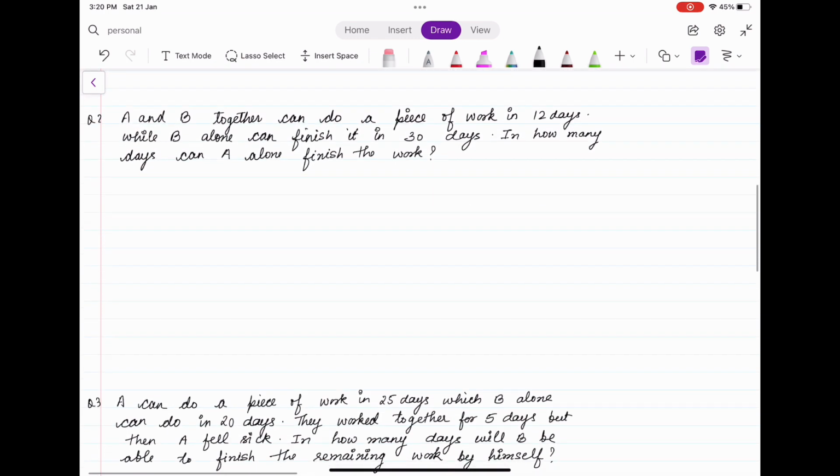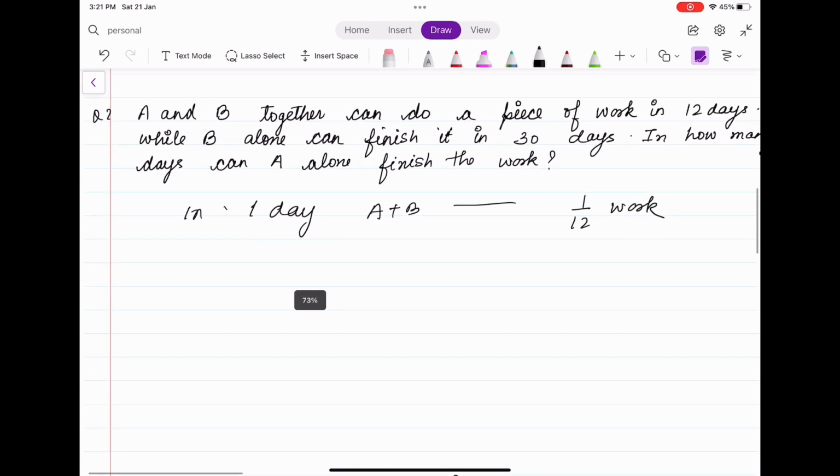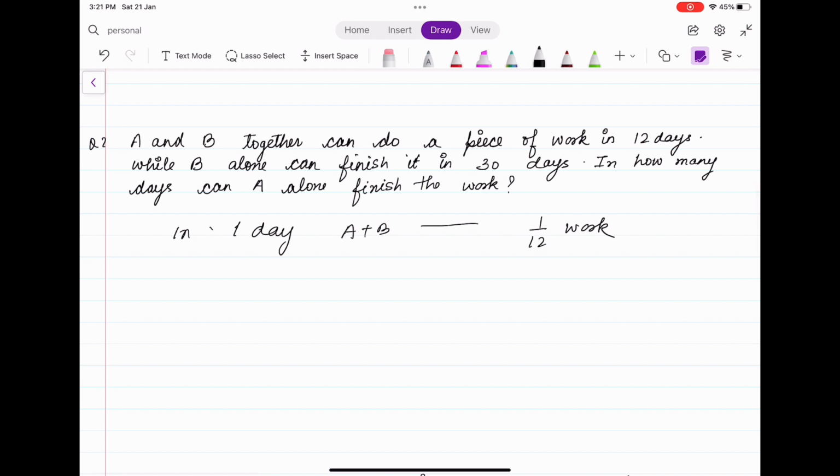A and B can do a piece of work in 12 days. Now in this question it is already given, in 1 day A plus B will do how much work? 1 upon 12 work. In one day, B will do how much work? 1 upon 30 work.